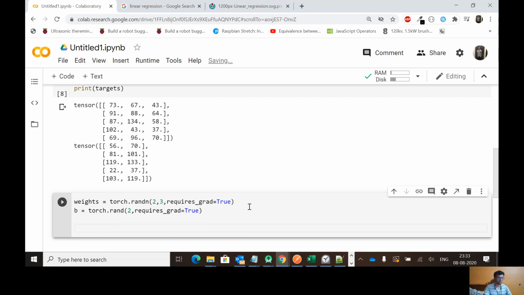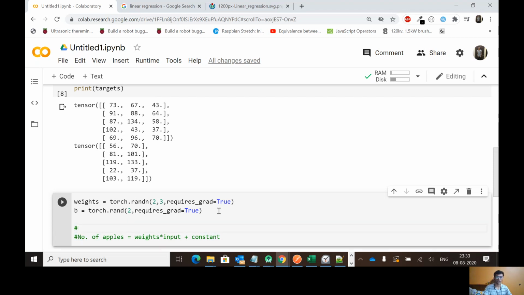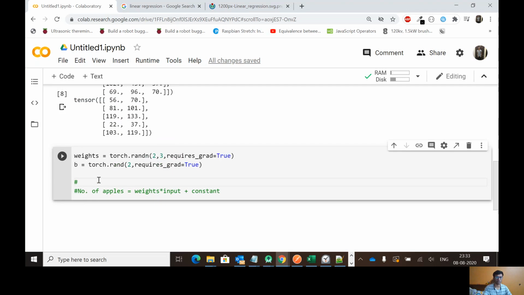I just told the equation that my number of apples will be weights into input plus constant. Now you might ask that you never wrote this. What you wrote, I think I deleted. Okay, not a problem.